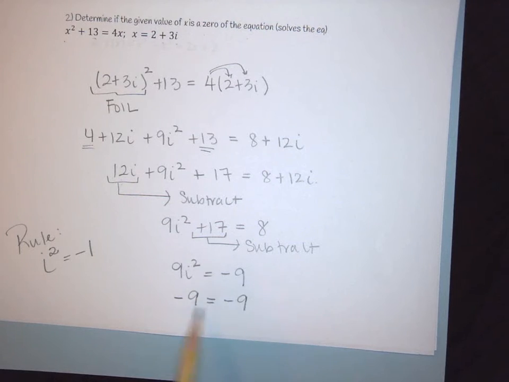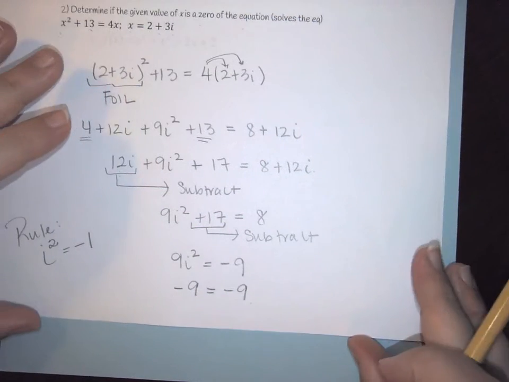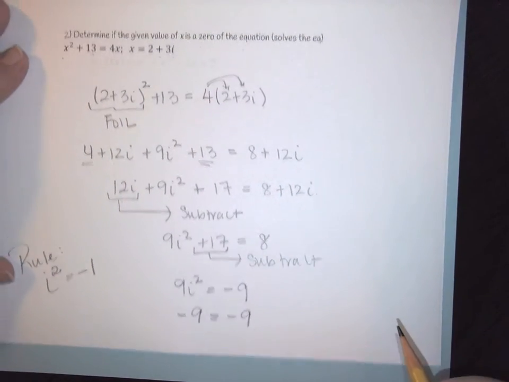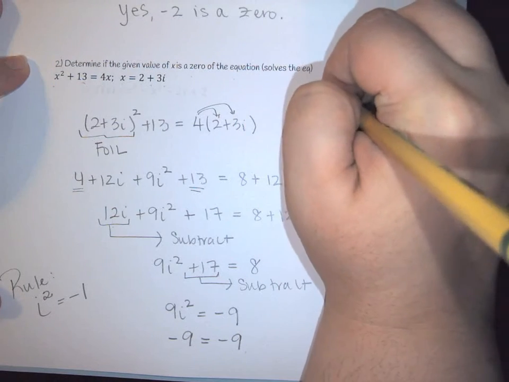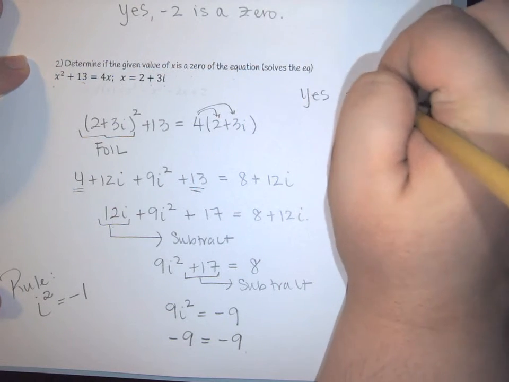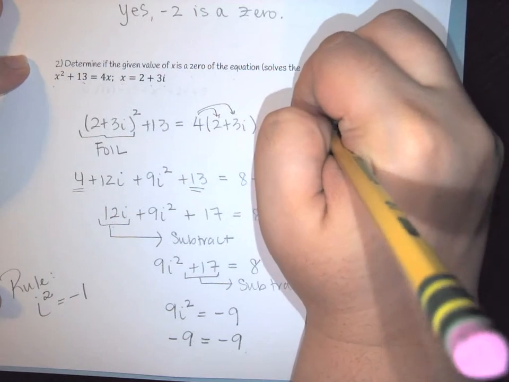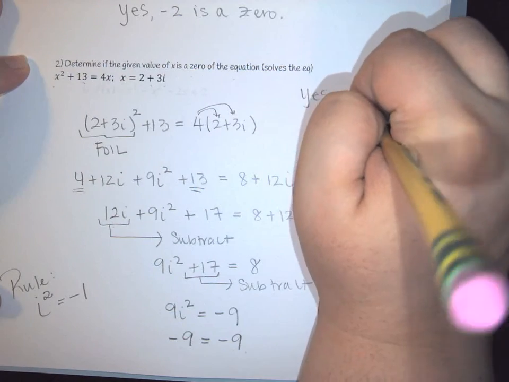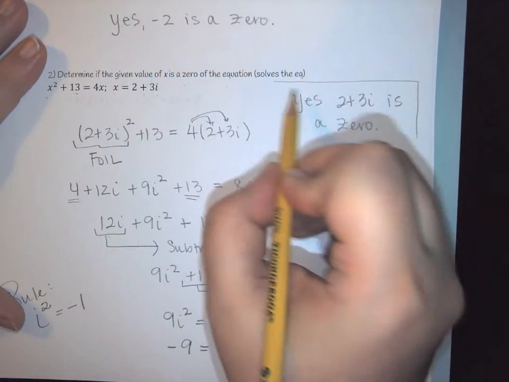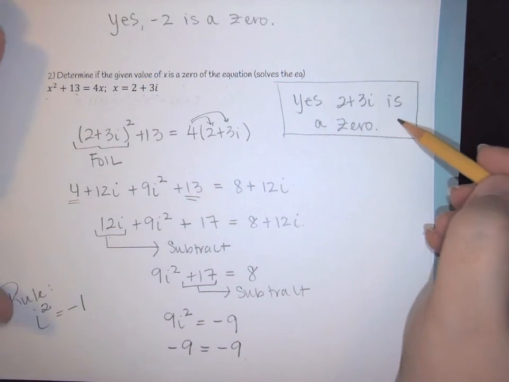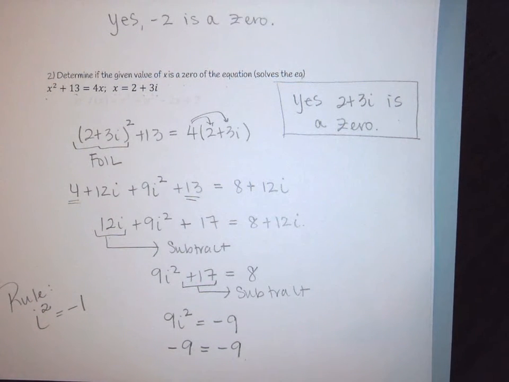Since this equation is equal, the conclusion we have is simply that, yes, 2 plus 3i is a 0. This is your overall statement, and that is what's required to completely satisfy and answer your question.